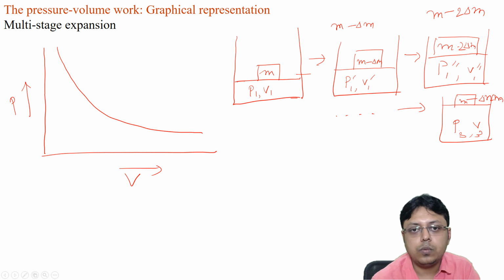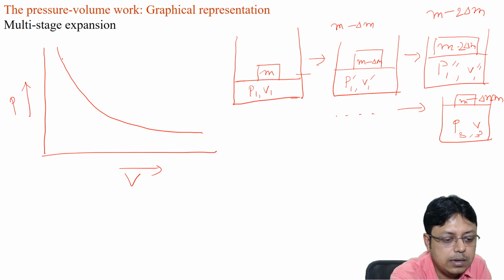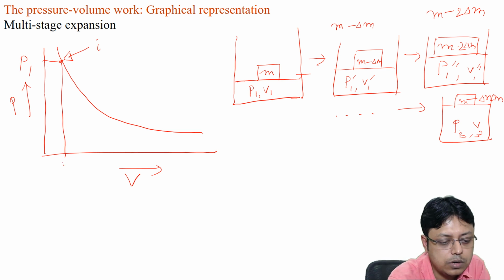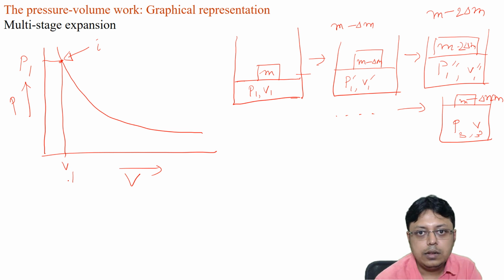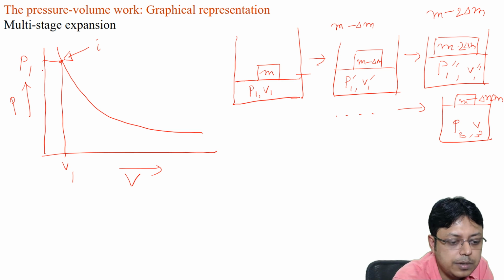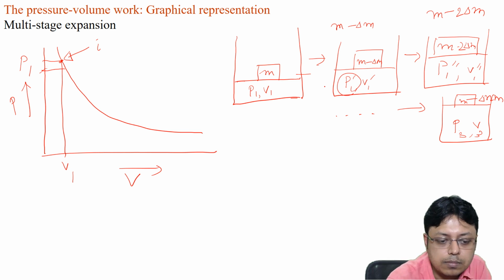So what will be the work done in this n step process? What we are saying here is that this was the initial state, denoted by a pressure P1 and the corresponding volume V1. Then we reduced the external pressure a little bit, such that the external pressure is now P1 prime.